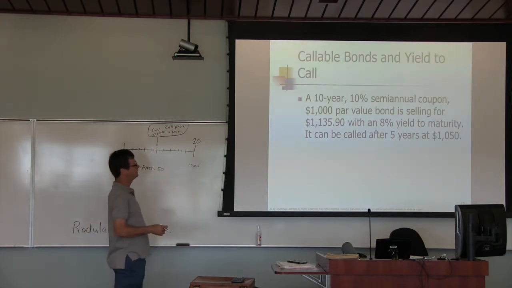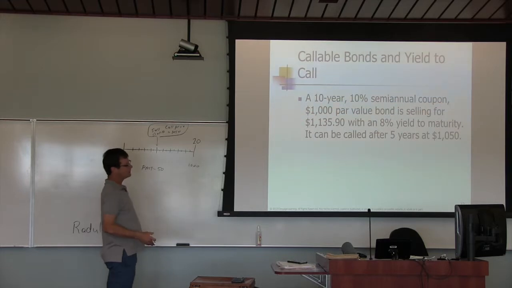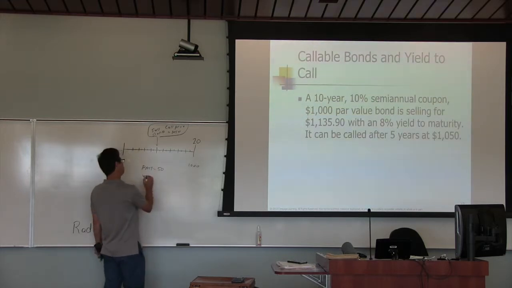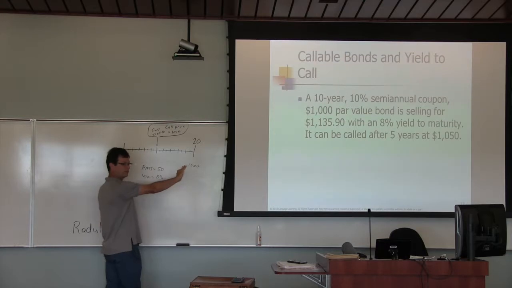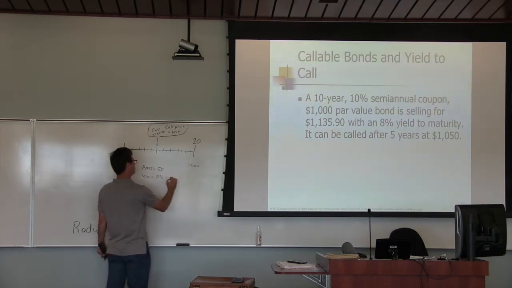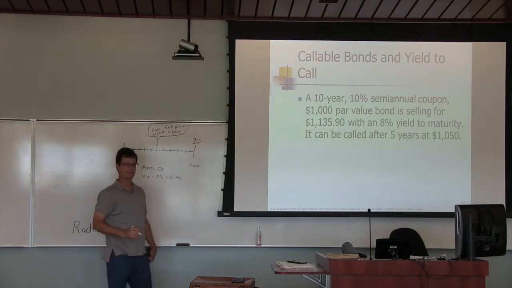That's $50 there, okay? 8% yield to maturity, I'll just put it in as yield of 8%. If we were to value this out over the full 20 years, what would we use for the I on this? 4%, right? That's where you cut it in half, okay?